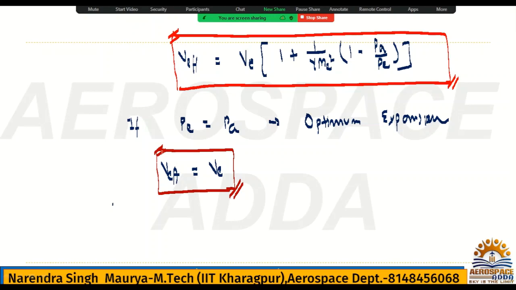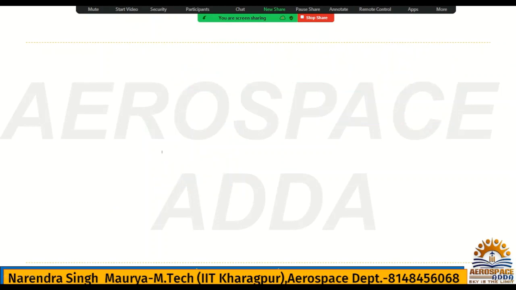Hence, whatever static temperature you consider in the combustion chamber will be the total temperature. Similarly for pressure. Now, let us go through the exhaust velocity in detail.